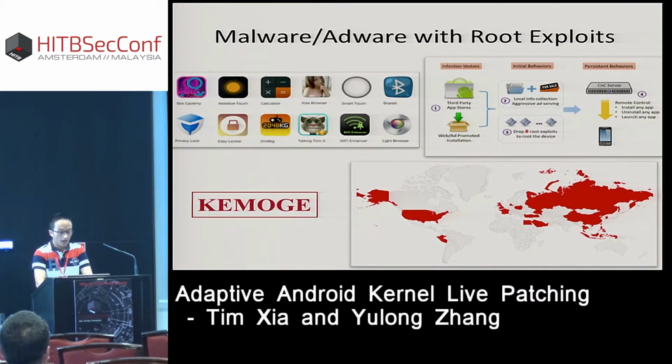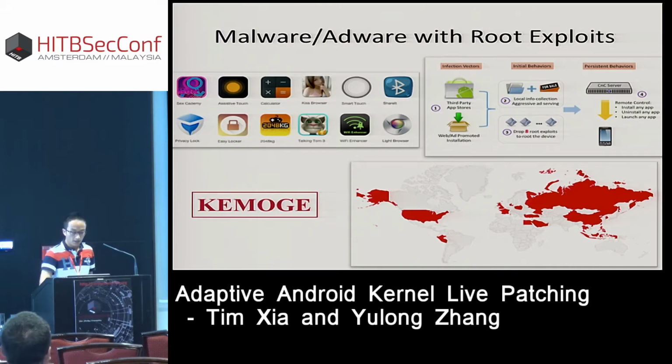With the existence of so many vulnerabilities that are unpatched, they leave quite a lot of threats to the public. There are already many malware and adware with root exploits, for example, the Chemi family. The Chemi malware family mimics popular benign apps, as shown here. Some of them are quite popular, like Talking Tom, Light Browser, or even the calculator.